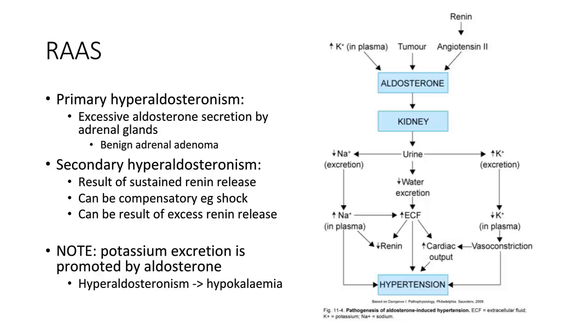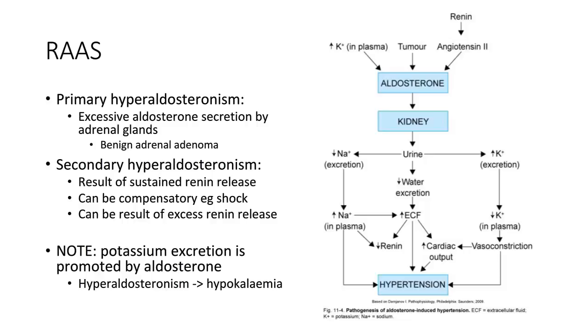In secondary hyperaldosteronism, the kidneys might be releasing too much renin, and it might be a sustained thing, or it might be a compensatory thing as a result of something like hypovolemic shock. The thing to remember is that if aldosterone is causing sodium retention, then it's also causing potassium loss. And so in hyperaldosteronism, where there's too much aldosterone in the system, we can see a condition where the patients end up with not enough potassium.